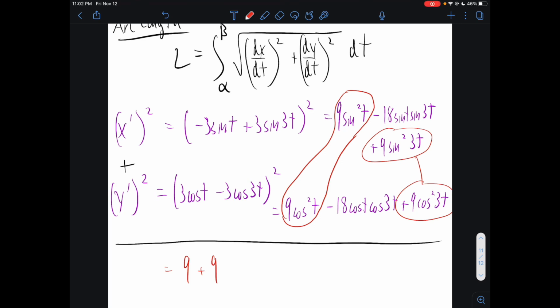And then I end up with minus 18, which I can factor out of the remaining two products. Sine t sine 3t plus cosine t cosine 3t.